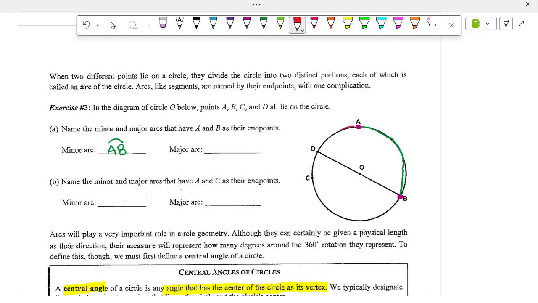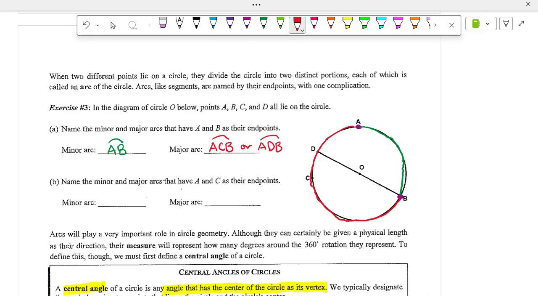BCA, ACB, all right. You name major arcs with 3 letters. So you could have named it ACB. You could have also named it ADB. Remember, that middle letter doesn't matter as long as it is along that arc. But your endpoints do have to be on the ends.